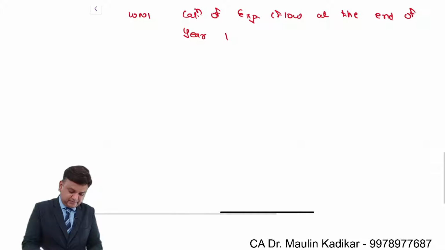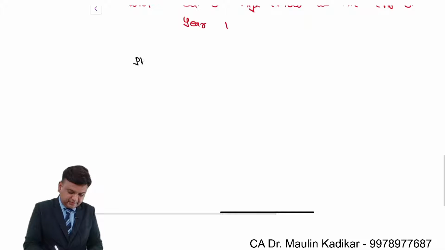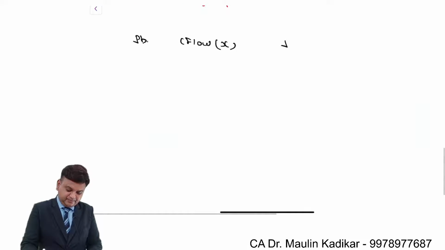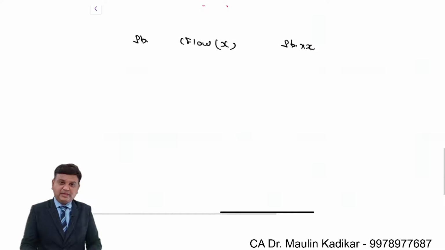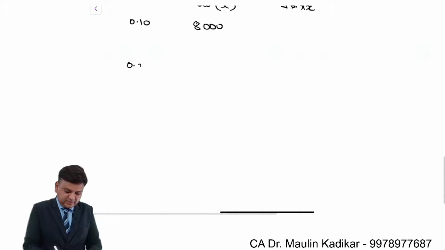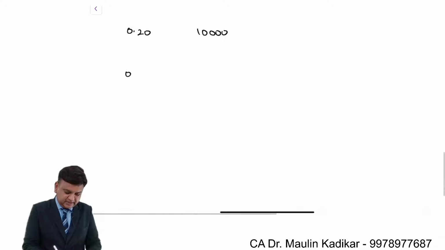In that case, probability and cash flow, to which variable x is assigned, probability into x. There are 10% chances cash inflow is 8,000. There are 20% chances cash inflow is 10,000. And there are 70% chances cash inflow is 12,000.